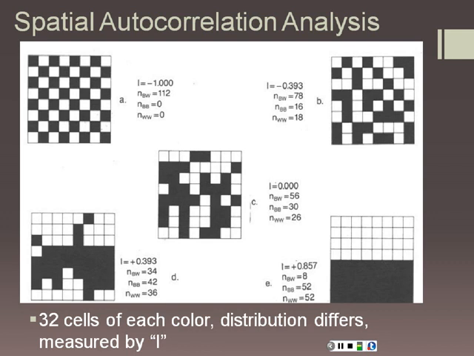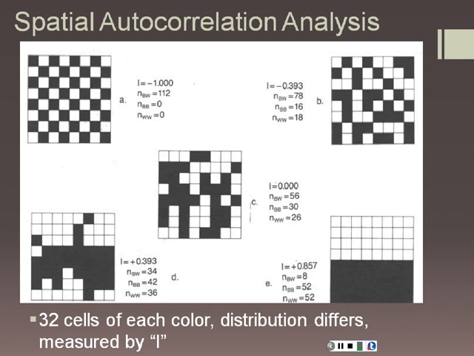And of course down here we have what we call perfect positive spatial autocorrelation, where all of our black cells are neighbors of each other, and all of our white cells are neighbors of each other. And so that's actually not quite perfect because why? There's this row of black cells that has white cell neighbors.